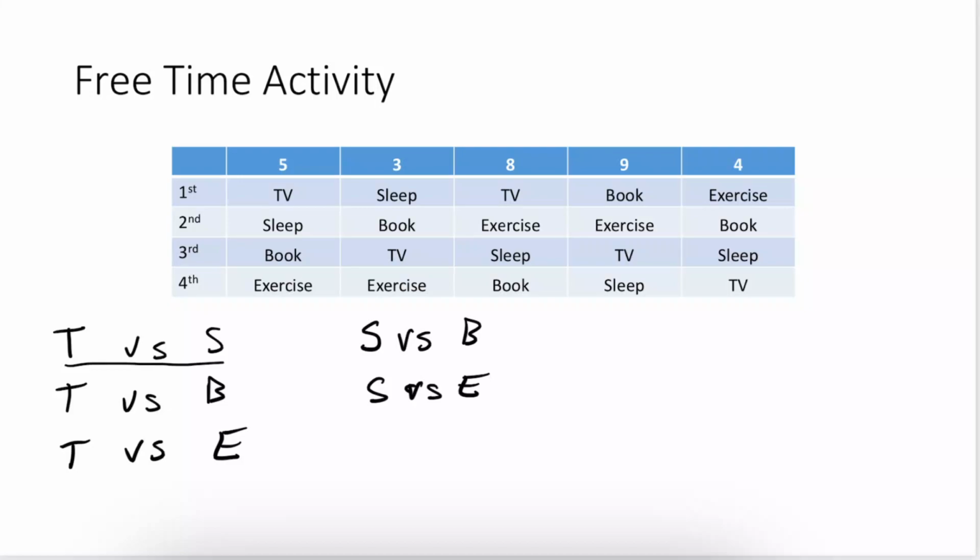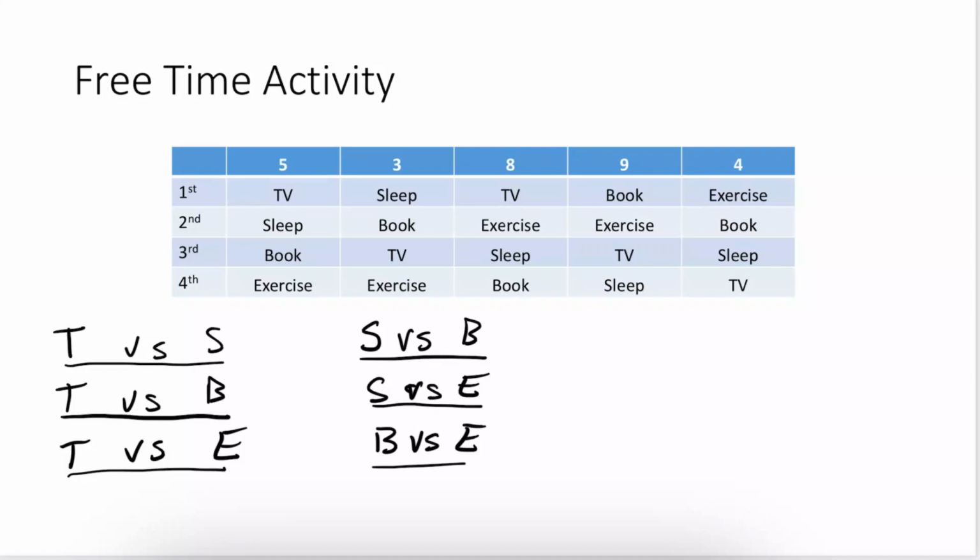Well, I already have TV versus book as well as sleeping versus book. And so I'm going to do book versus exercise because that's the only one that I haven't written down yet. And then I'll go to my next activity, which is exercising. And I've already done TV versus exercising, sleeping versus exercising, and reading a book versus exercising. And so all of the exercising pairs have already been listed.